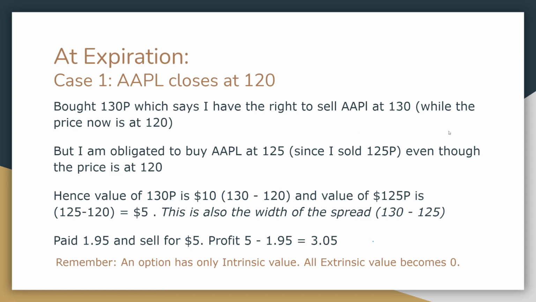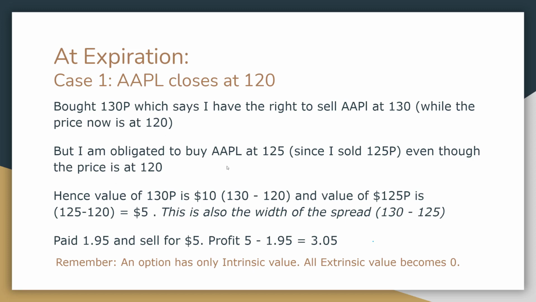Let's see different scenarios at expiration. If Apple closes at 120, which means it really fell, more than $10 from 131.96. You bought the 130 put, which gives you the right to sell Apple at 130, and the price is at 120, so your right to sell at 130 became really valuable.